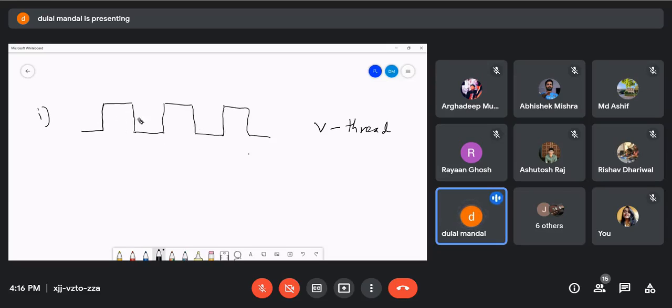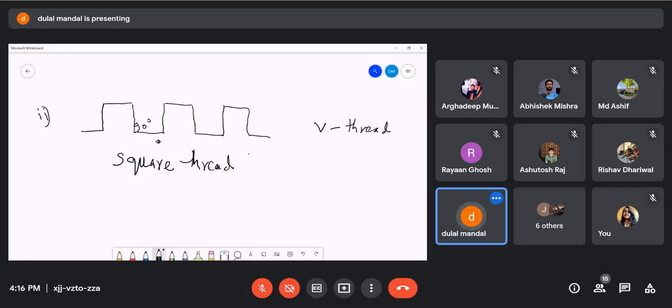This is 90 degree, and this kind of thread is a square thread. Number 2.